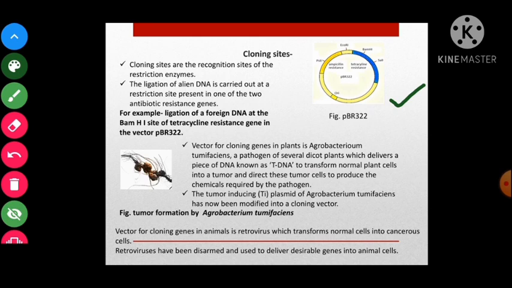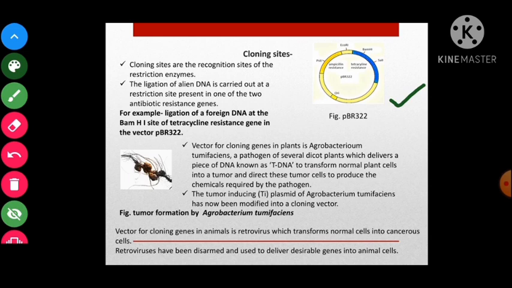Now the recombinant plasmid will lose tetracycline resistance, but it can still be selected out from the non-recombinant one by plating transformants on an ampicillin-containing medium.